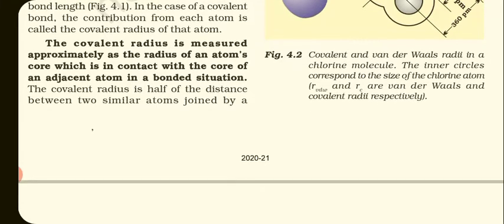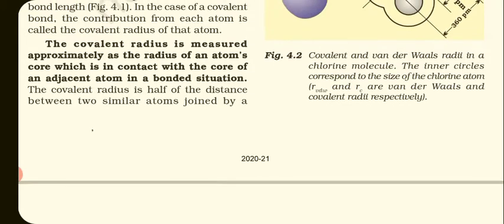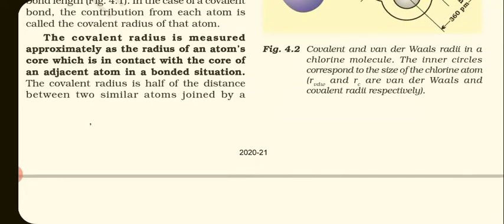In the case of a covalent bond, the contribution from each atom is called the covalent radius of that atom. If there is a covalent bond between two atoms, then it is called covalent radius of the atom.